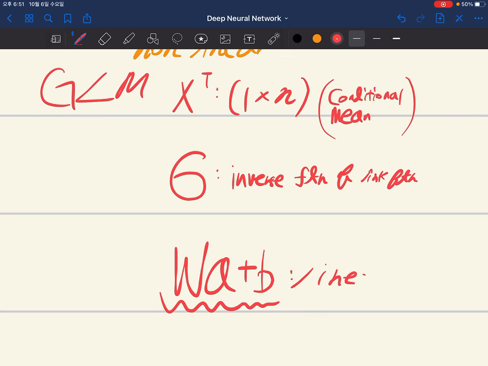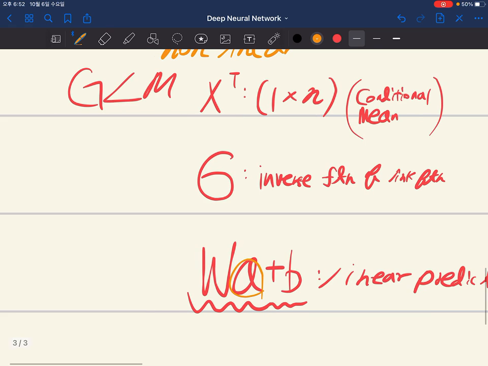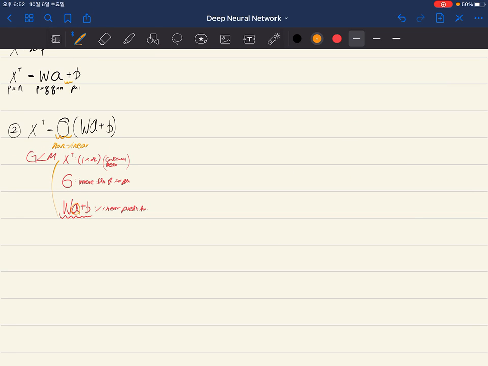It is simply a linear predictor. And each column of the matrix A can be understood as the covariate values of the ith observation. So GLM can be understood as a kind of nonlinear factor model.